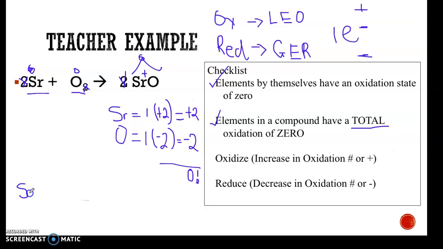So Sr went from 0 to positive 2, while O went from 0, I'm starting from my left side, and I'm only focusing on the oxidation state, to negative 2.